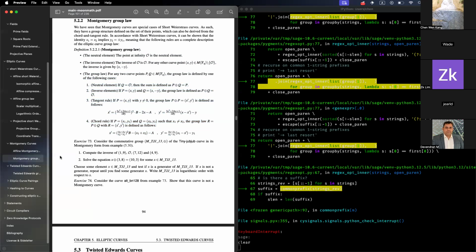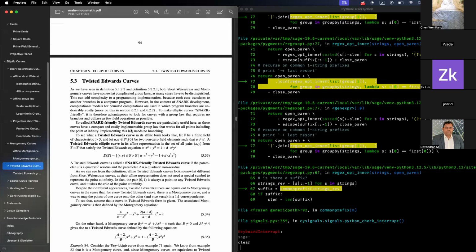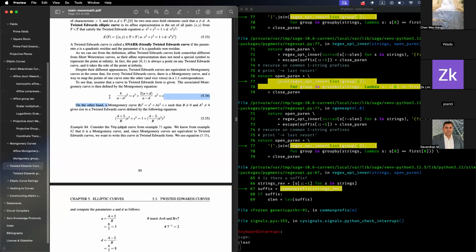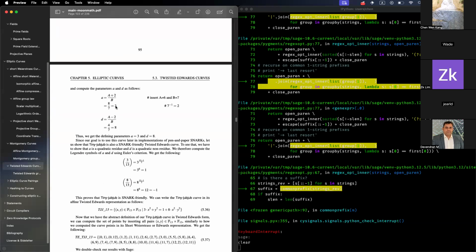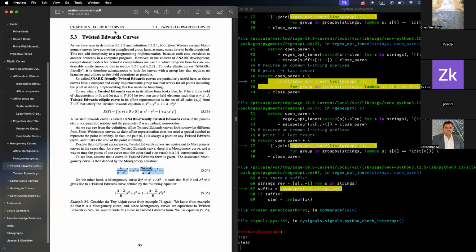Then we'll look into twisted Edwards curves, which are even easier to calculate because we can basically make it so there's only one operation. This is actually related to the Montgomery curve as well. Through one operation, it is very easy.